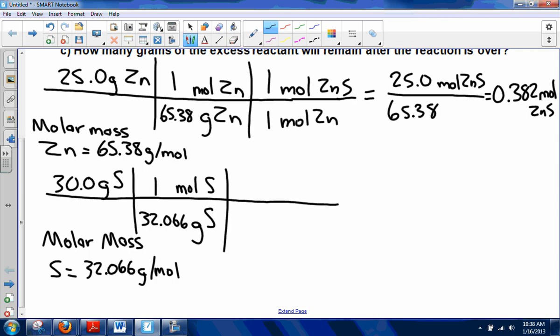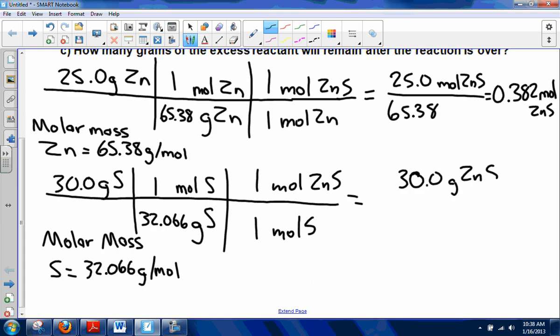And 1 mole. Now I'm going to use my molar ratio again to change between compounds. I got 1 mole of sulfur, I got 1 mole of zinc sulfide. Multiply straight across on the top. I have 30.0 divided by 32.066.